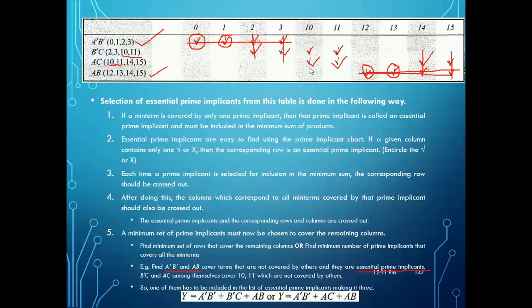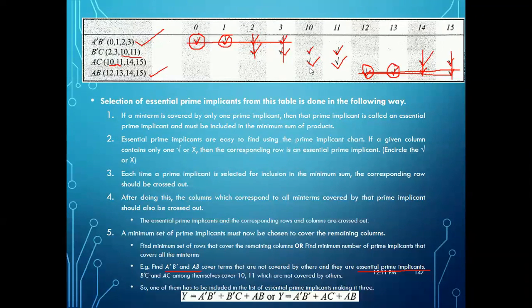In B bar C also you have 2, 3, and since 2, 3 is already included in the essential prime implicant, you don't take it into consideration now. Again, 14, 15 is also included in the essential prime implicant.